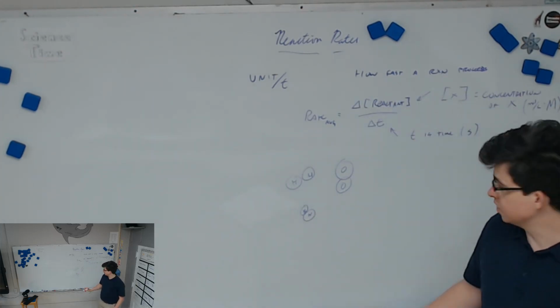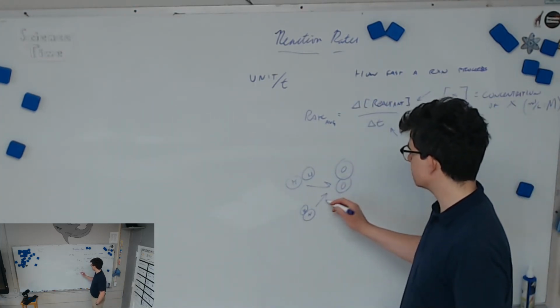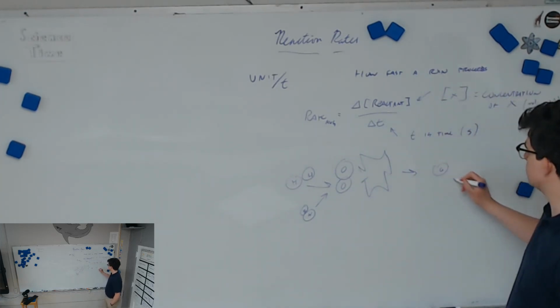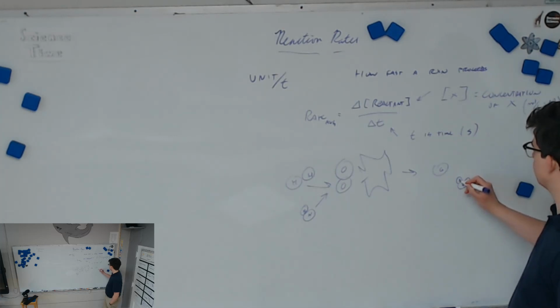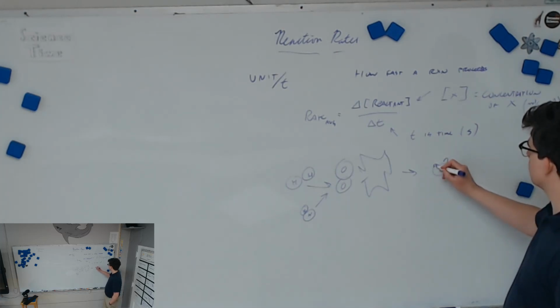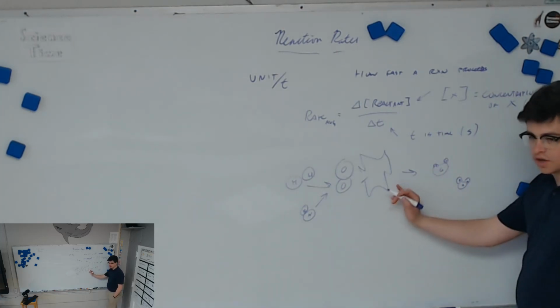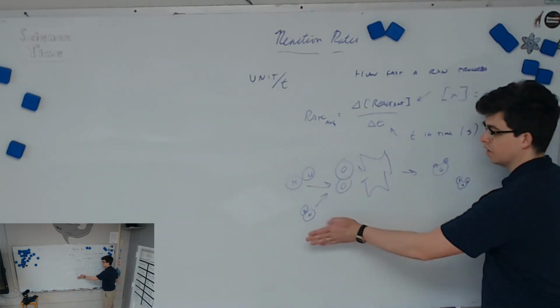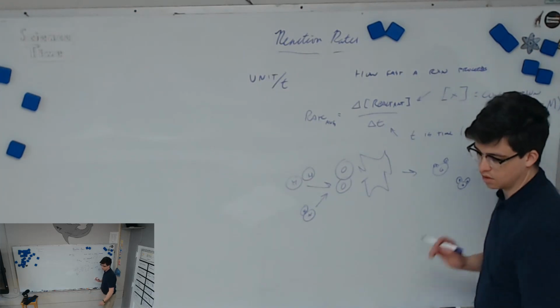The collision theory is just that when these two things crash into each other, reaction happens, and then what comes out are two water molecules. Collision theory just says that chemical reactions occur when the things that make up the reactants collide. That's all collision theory is.